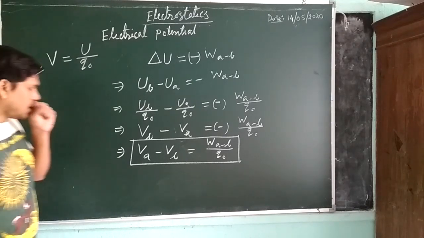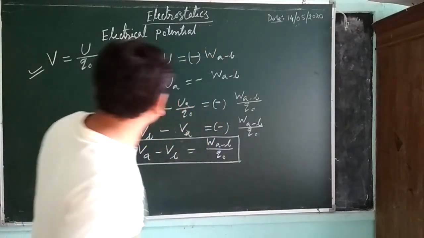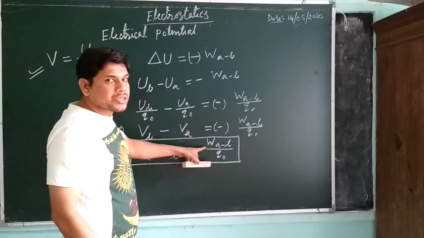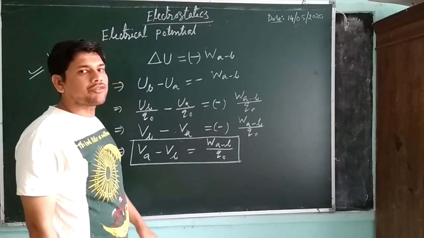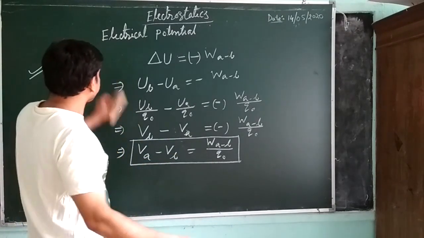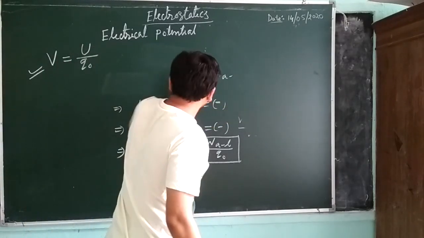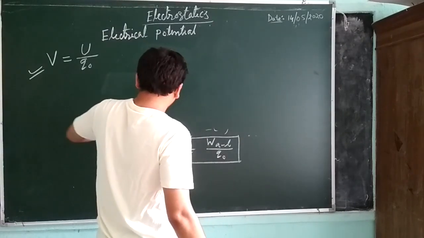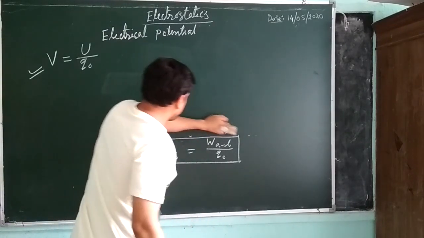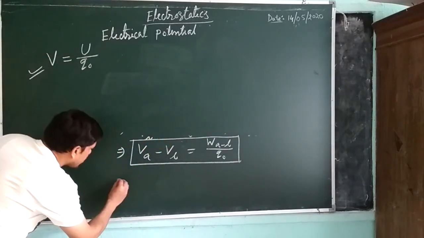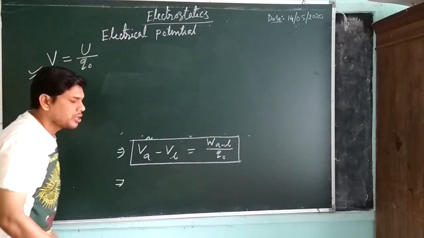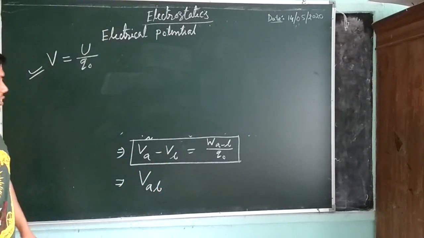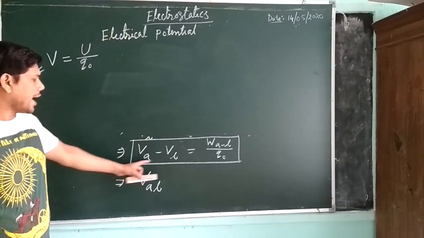This work done is the work done by the electrostatic force. We can write VA minus VB as VAB, which means the potential difference between A and B point.